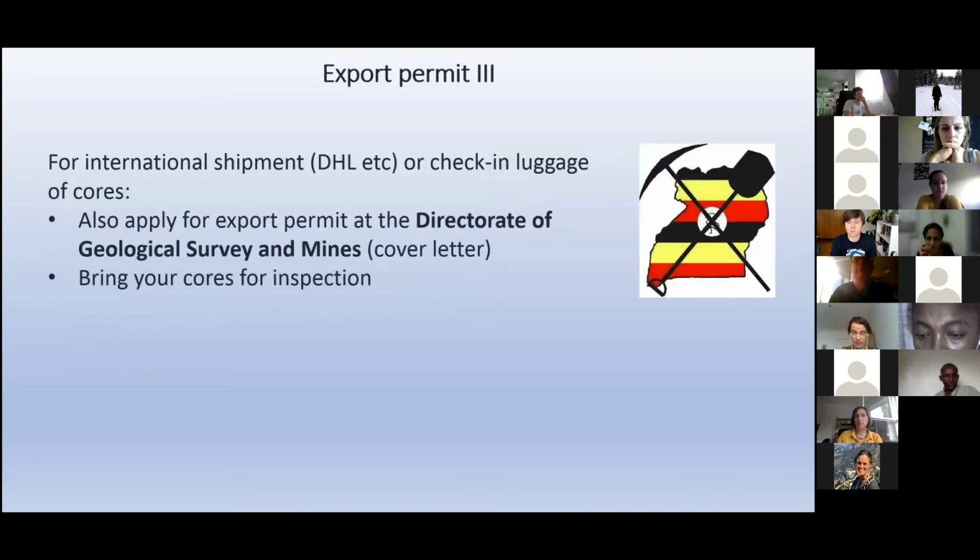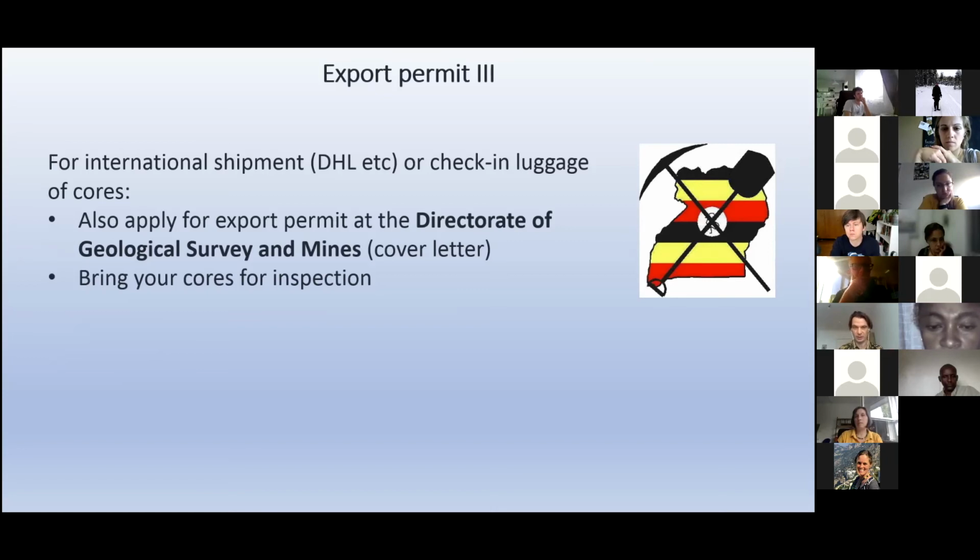If you have large cores, you want to ship them by some shipping companies, or you want to take them as checked-in luggage on a plane, it's really important that you also apply for an export permit from the Directorate of Geological Surveys and Mines, because the permits from UWA and from the UNCST are not so relevant for the shipping companies.